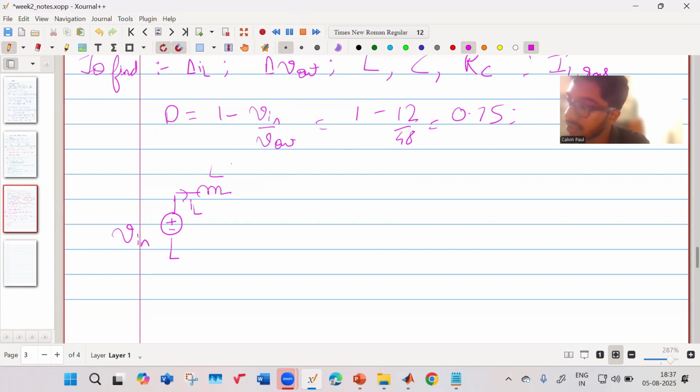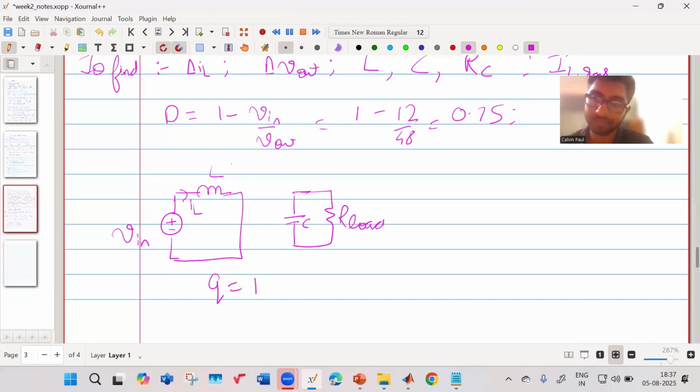Next, there are 2 modes of operation. If we are considering CCM, in one mode this is your path, this is your output capacitor, it is discharging into your load. This is the case when Q is equal to 1. This is your V output.